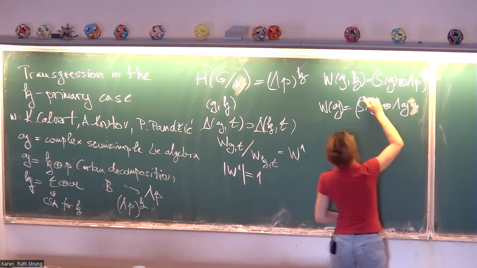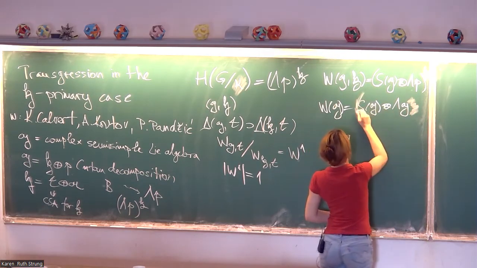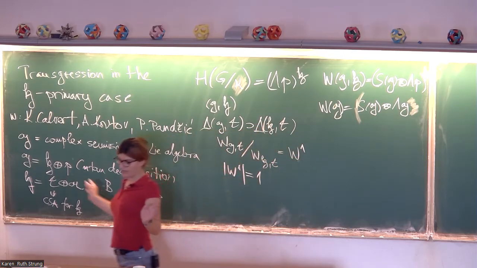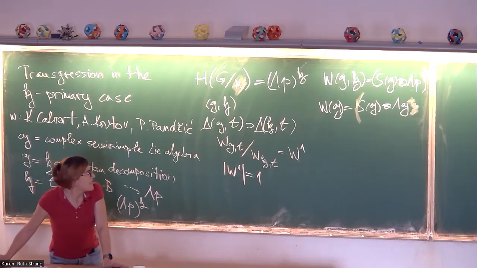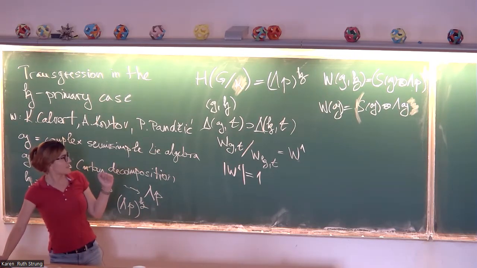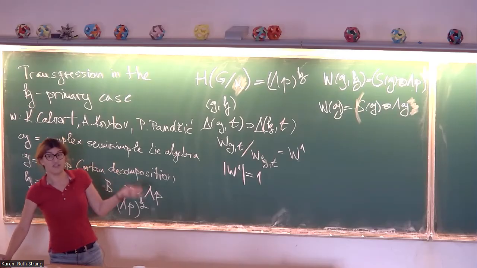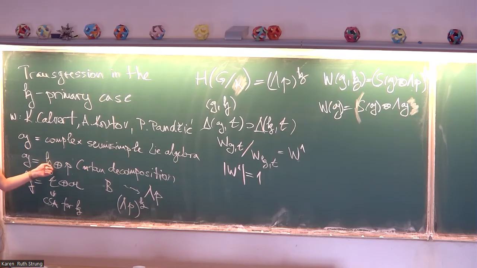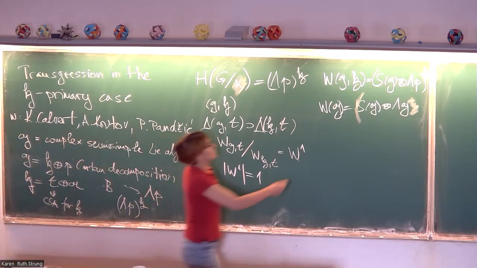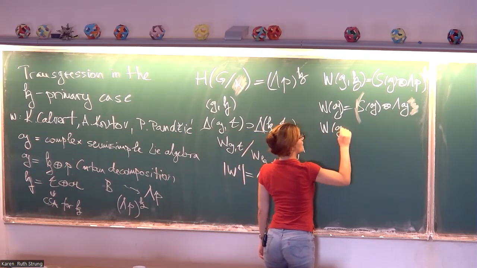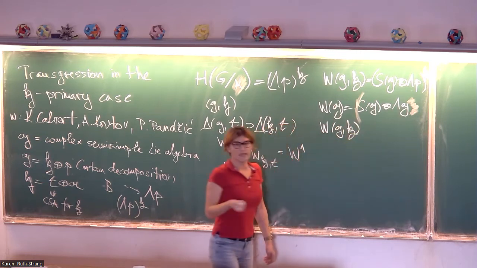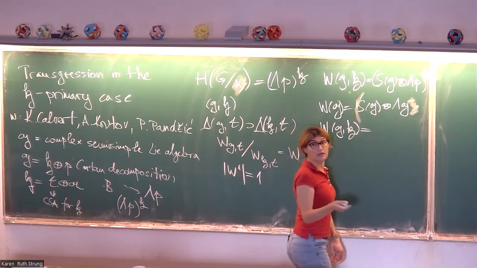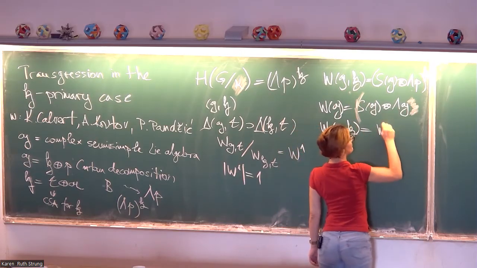No, wait, I'm not talking about invariants at the moment. So the absolute case is replacing all the letters with G. Now, this algebra is a G differential algebra and therefore a K differential algebra. So we can look at its K basic subalgebra. It turns out it's exactly the one I need.